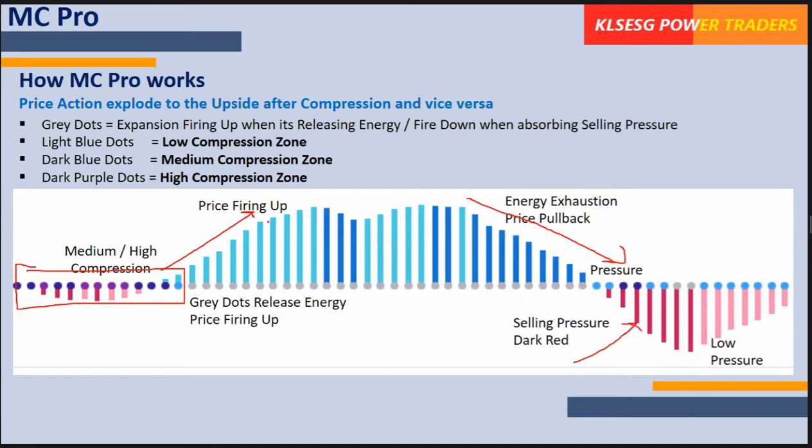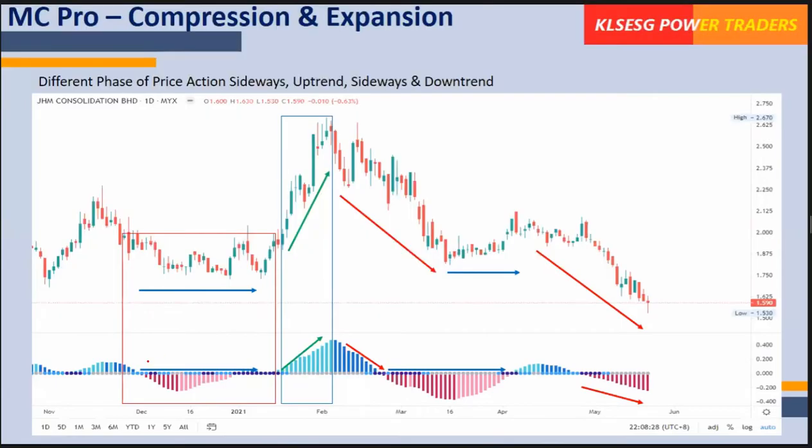Okay. This is where you see the price moving sideways, and then there's a compression and then shooting down here. The red bars here. When the price is firing up, the price here, right? The price starts to fire up, then the momentum indicator will show that the bars are firing up.